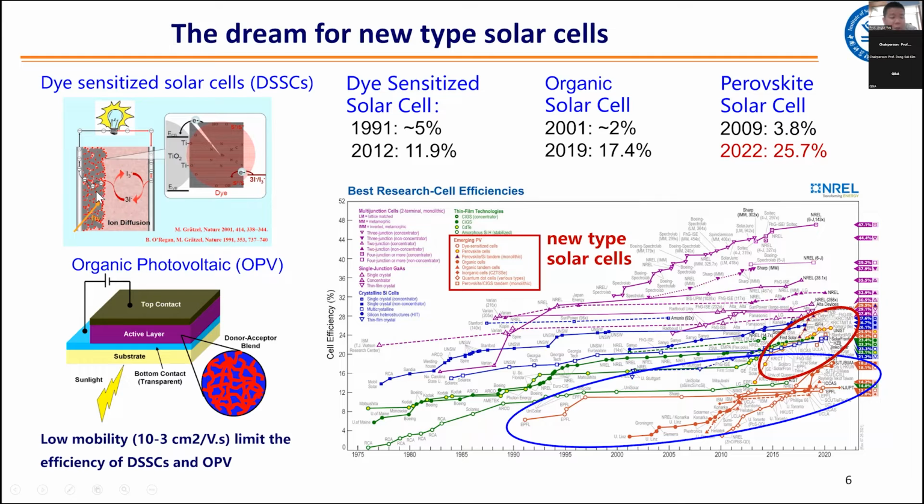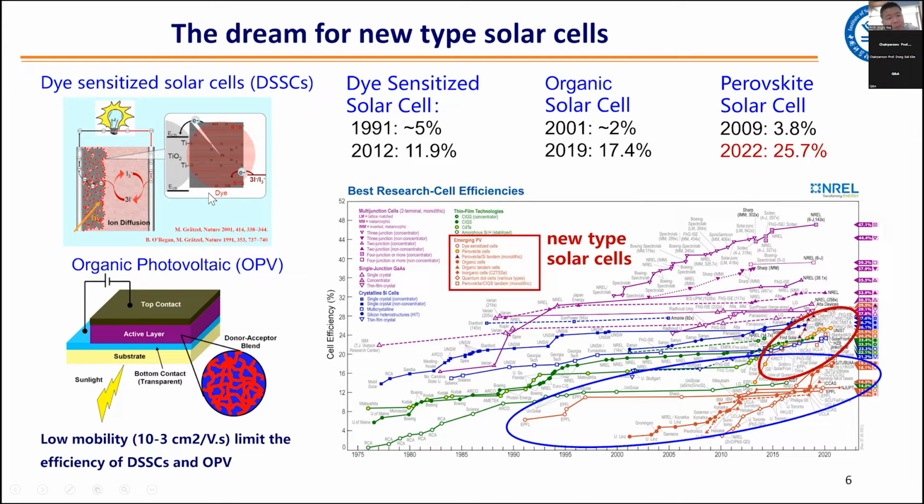They use mesoporous titanium oxide, and the dye is adsorbed on the titanium oxide surface. I think this is a very simple PN junction. The dye absorbs light, and then charge extraction or separation happens at the titanium oxide surface. Titanium oxide is responsible for electron transport, and the iodide electrolyte is similar to the hole transport layer.